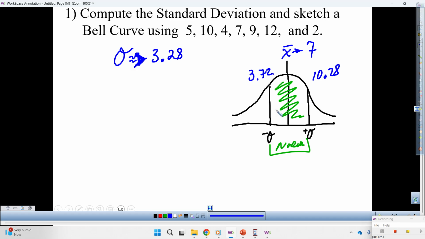So the norm is from where? 3.72 all the way to what? 10.28. So look at these data. Look up. Tell your neighbor what you notice in regards to the norm. What would be an observation? Tell your neighbor. What is an observation that you notice? We're not talking about measures of central tendency.